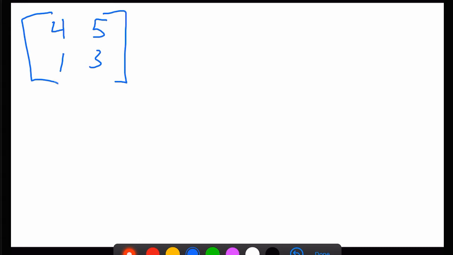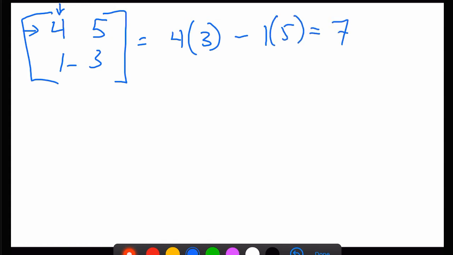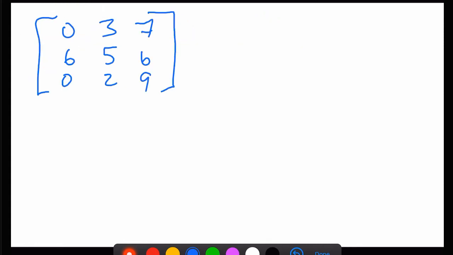Well, I did it on that row, but I could also do it on the column. So I could say 4, and then I eliminate that, times 3 minus 1 times 5, and it works out just the same when I do the expansion starting that direction as it did when I started that direction.